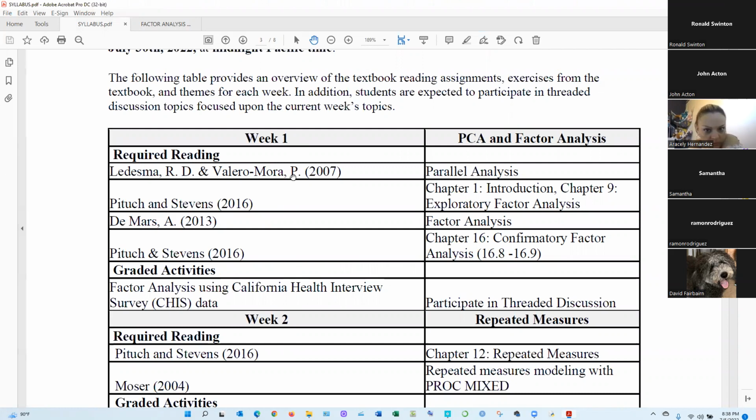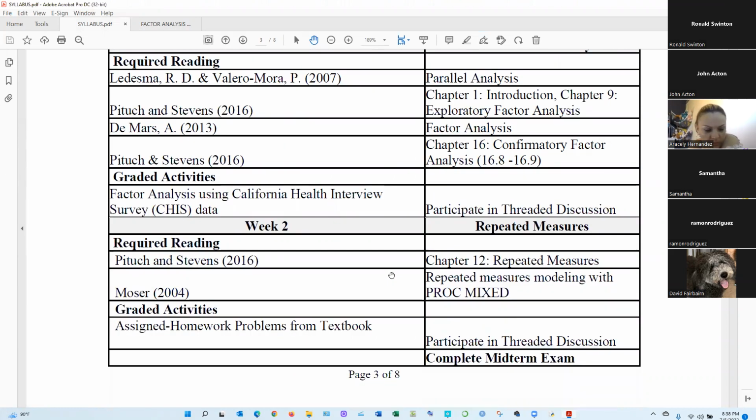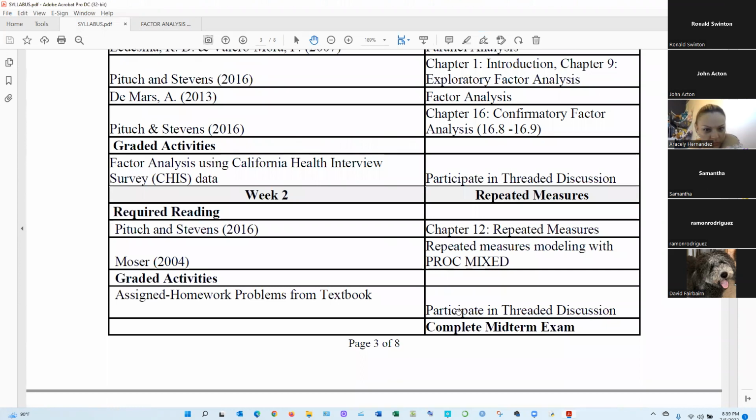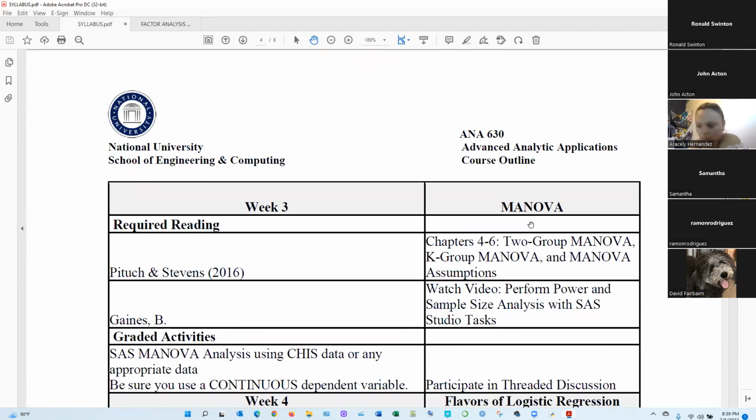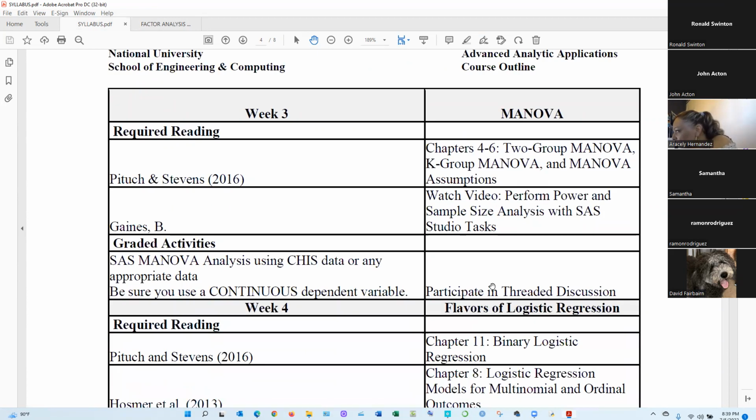See, principal component and factor analysis, repeated measures, second week. Third week, MANOVA, that means multivariate analysis. That's the multivariate format of analysis of variance, ANOVA and ANCOVA. But we're not going to do MANCOVA, we're going to do only MANOVA, okay?